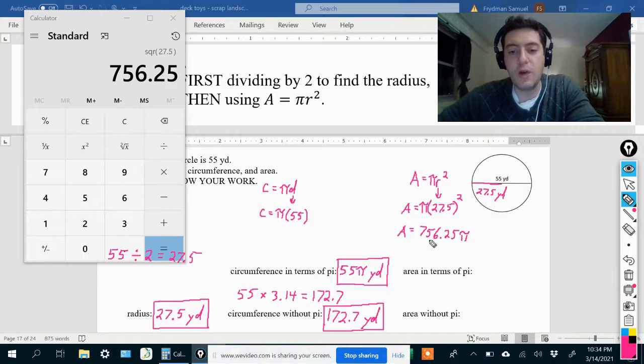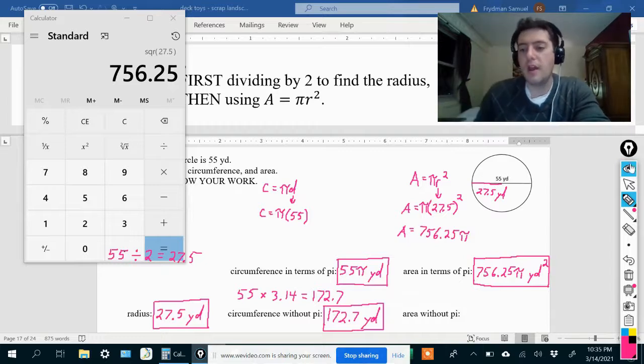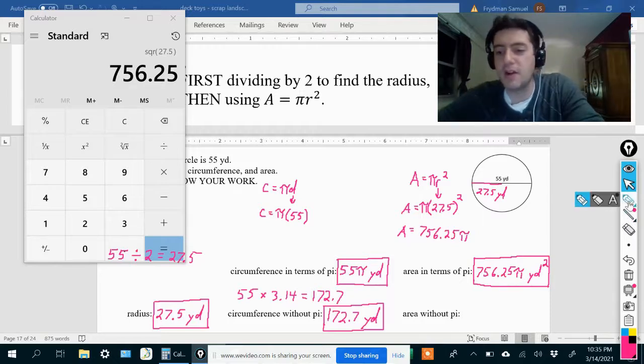And that is going to be our answer in terms of pi, which just means keep the pi in that answer. So let's write 756.25 pi. And since area is two-dimensional, we're not going to write yards, we're going to write yards to the second power. It's not plain old yards, it is square yards. Okay, and now let's just go ahead and write our answer without pi, which means we're going to multiply this by pi to get that pi out of there.